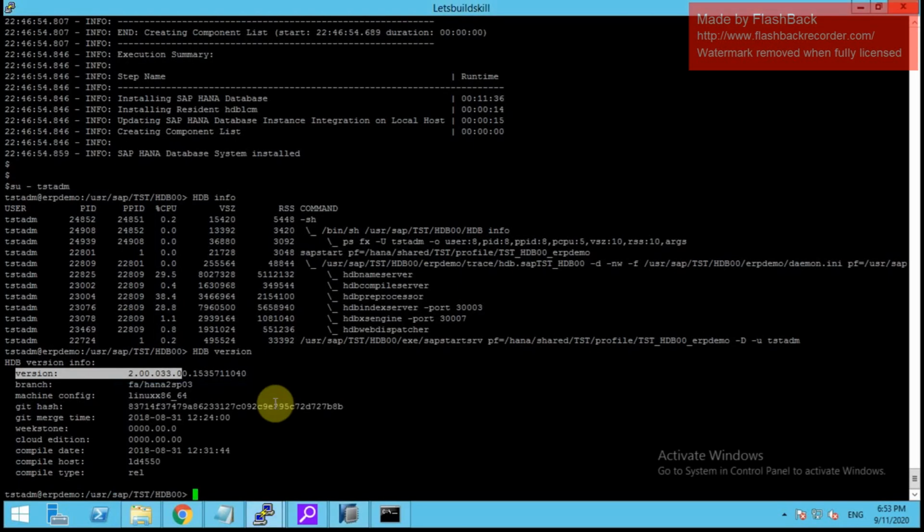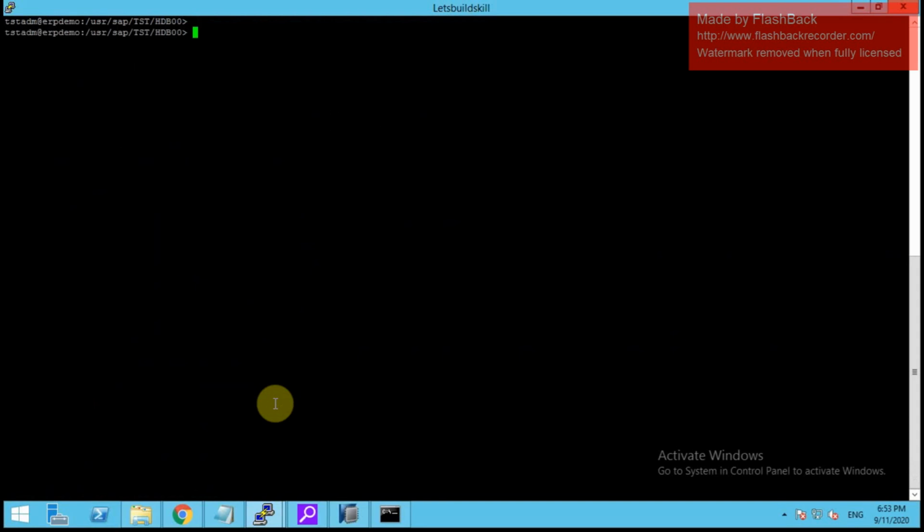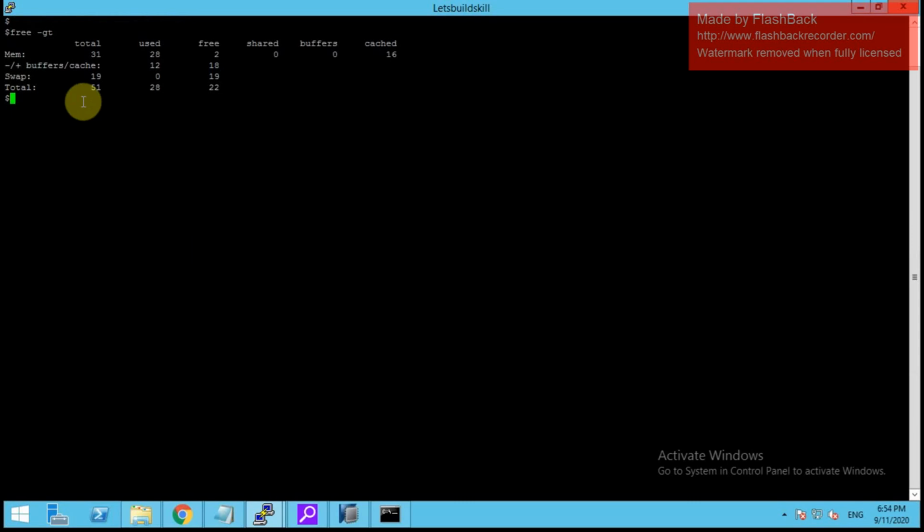If I go to the Linux server, I can run the command free -g. As you can see, my hardware has 31 GB of total memory, or what we call RAM. So my hardware has 31 or 32 GB of RAM.